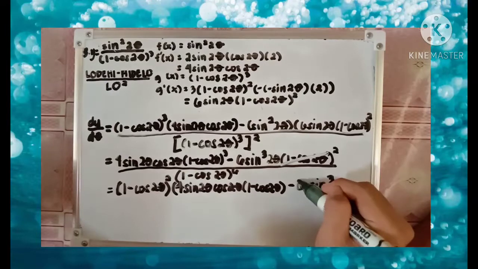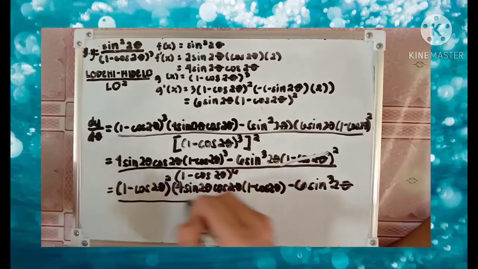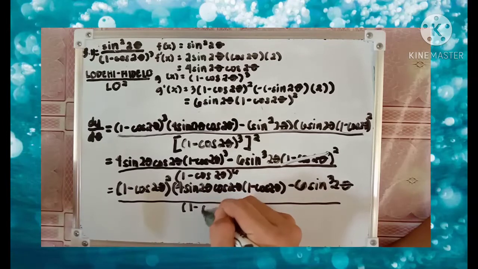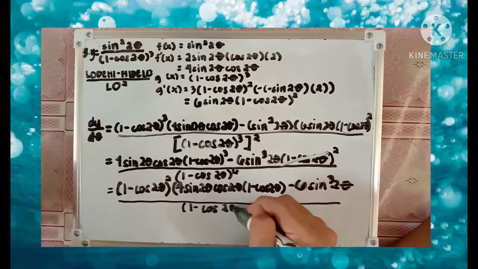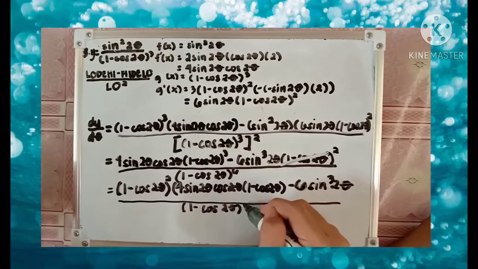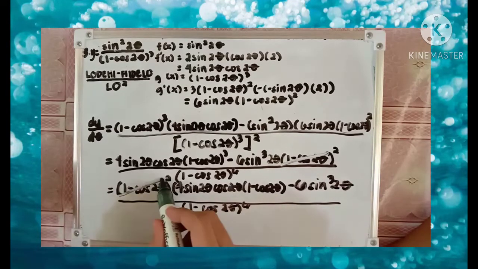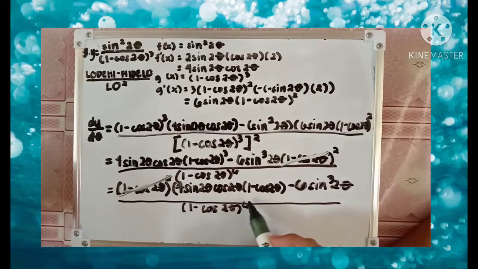2 theta all over 1 minus cos 2 theta raised to 6. So, pwedeng i-simplify ito. So, maka-cancel. Then, ito will become 4.